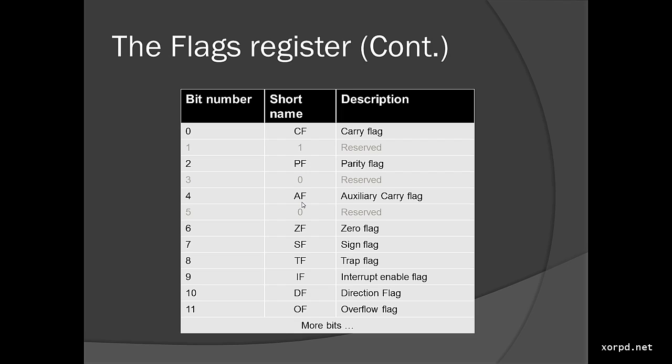Let's take a look at how the flags register looks like, at least the lower part of the flags register. I didn't want to overwhelm you with all the strange flags that it contains. So this is really the lower part. This is bit number 0.